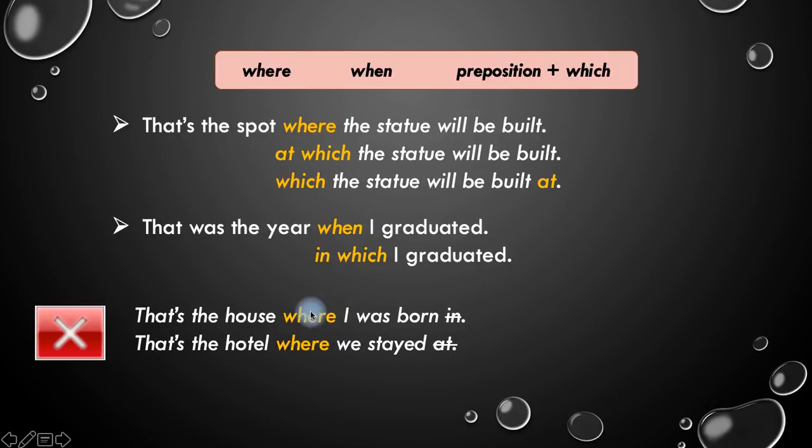In the sentences, we do not use prepositions. The house, that's the house where I was born. No preposition needed. That's the hotel where we stayed. Yeah, no preposition needed because we have where here. Prepositions are used only with which. Please be careful about that.